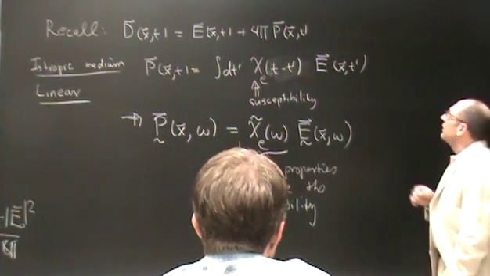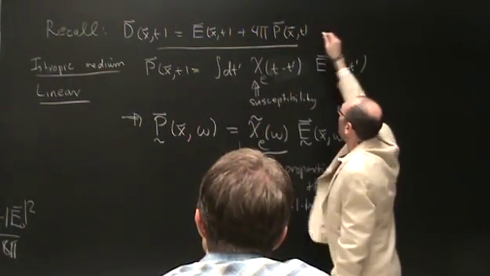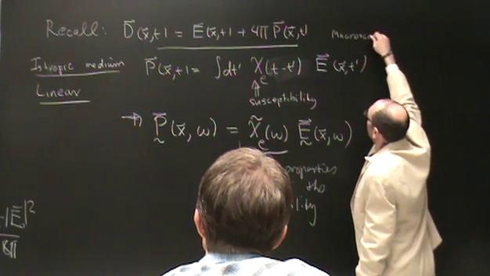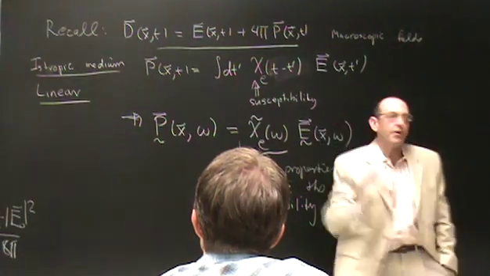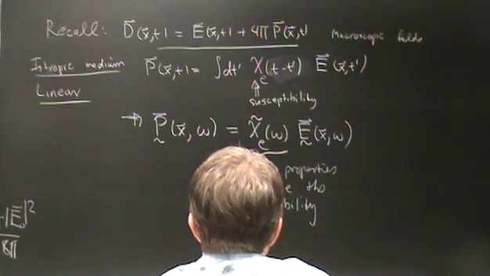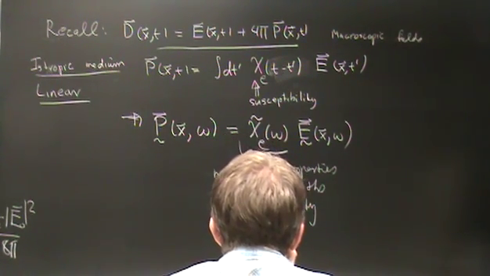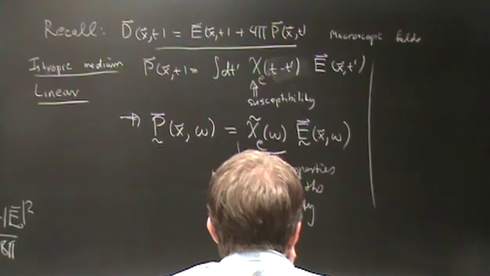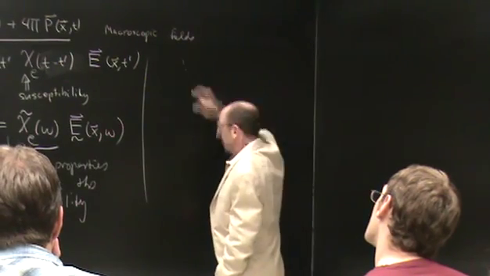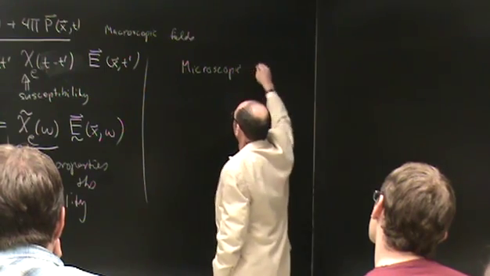Now, remember, as we have been discussing, these relations are what we call the macroscopic Maxwell's equations, or macroscopic fields, where we've done this coarse graining over many, many microscopic constituents. So when we talk about the material response, well, the material is made up of microscopic constituents, and what we would typically do is first talk about some kind of microscopic response.